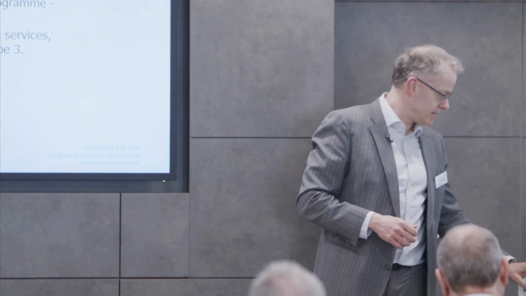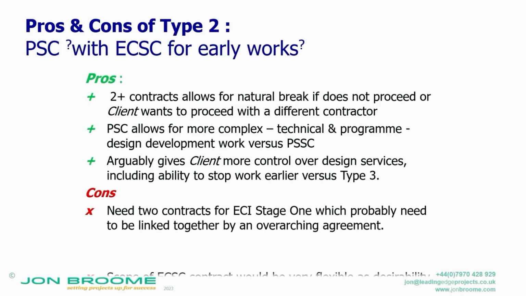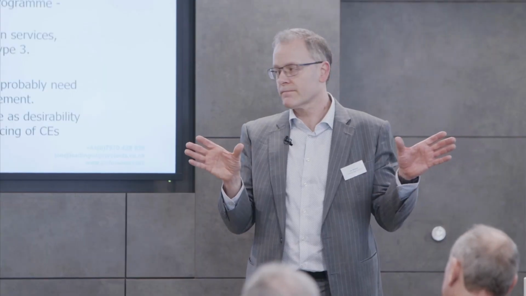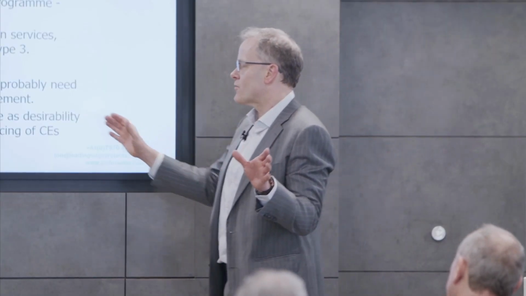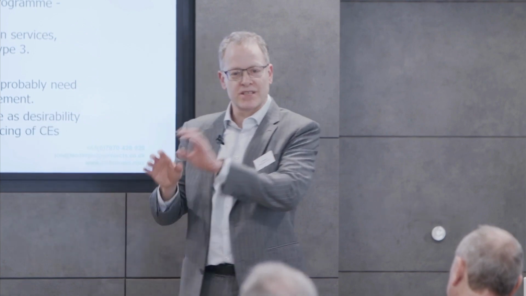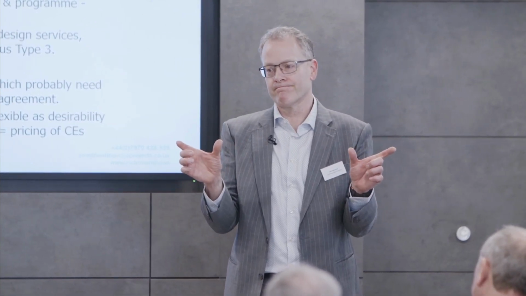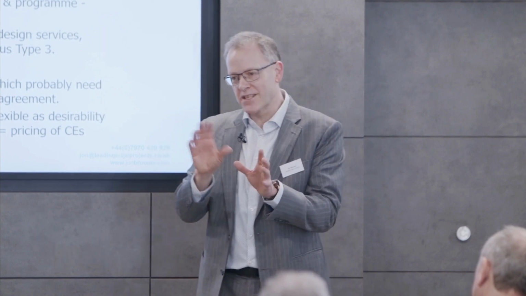But again, if you're going to have the early contract, the engineering construction short contract, you need two contracts in that stage. And they need to be linked with a construction contract, potentially. So you need some sort of overarching agreement to link them together, particularly under public procurement. So that gets a bit more complicated.